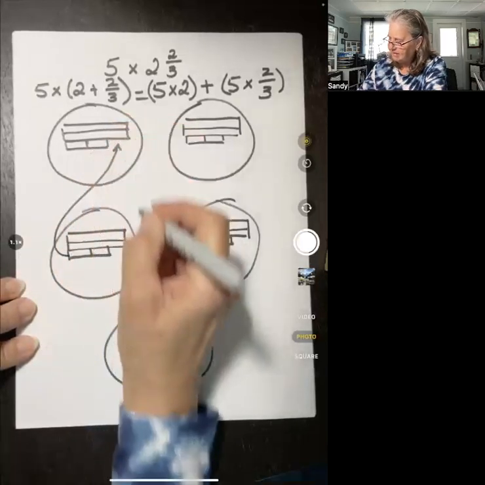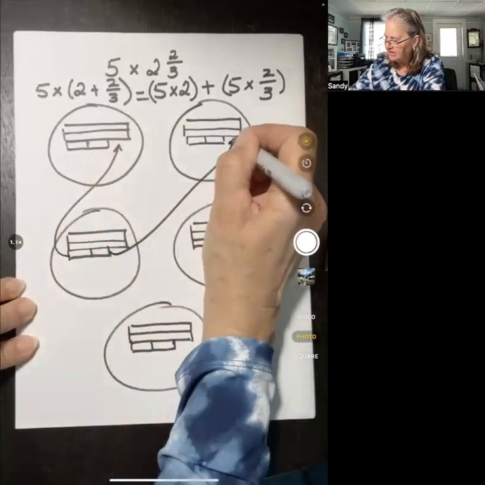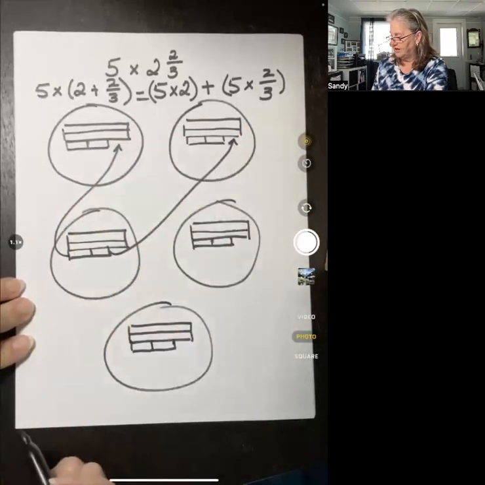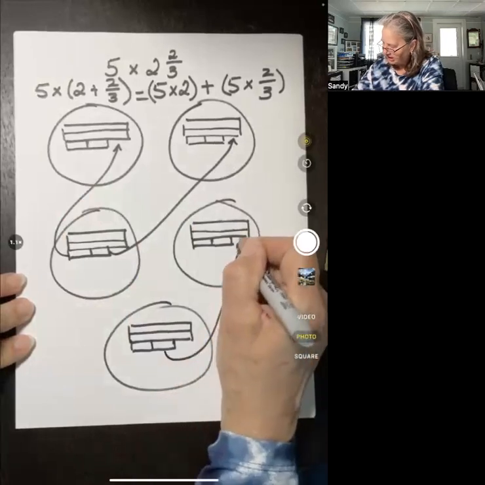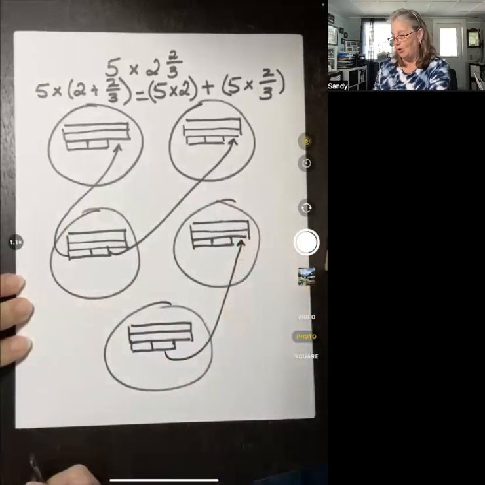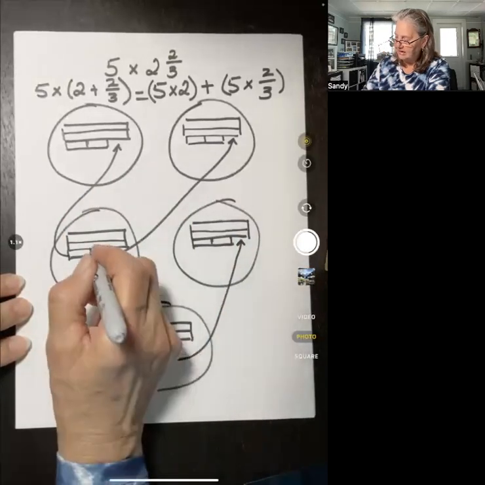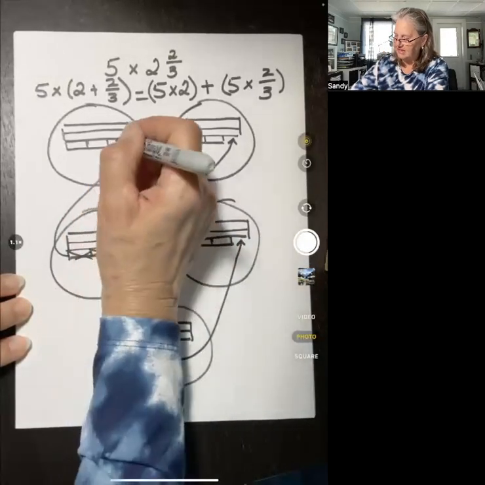I can see that piece going in there and that whole and that piece going in there. That gives me 2 more wholes, and this piece can go in there. I've got 3 more wholes and 1/3 left over because I moved that one. I moved these 2 up into here.